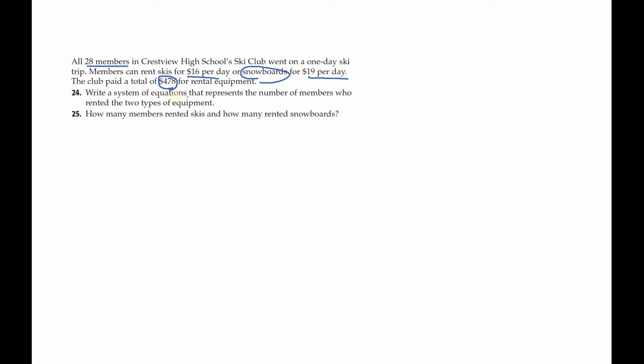Write a system of equations that represent the number of members who rented the two types of equipment. So it's asking us to write the equation. What we can do is set the number of students who chose snowboards, I'm going to set that equal to x.